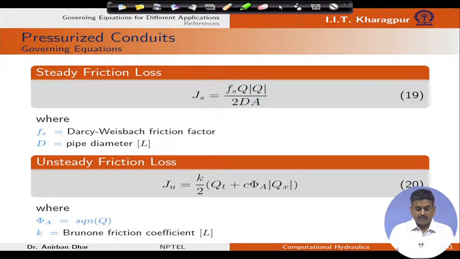Js is the steady friction loss, and unsteady friction loss is the Ju. We will discuss these equations in individual units during the solution process.